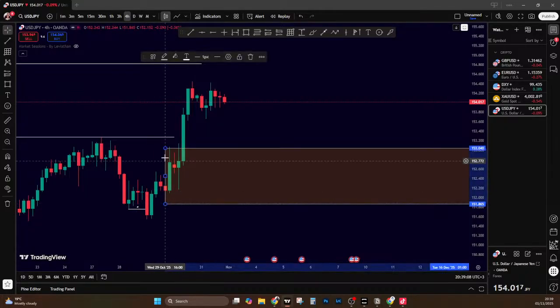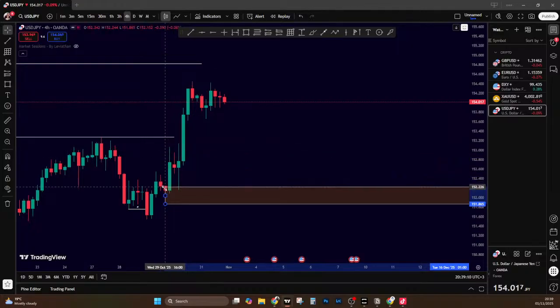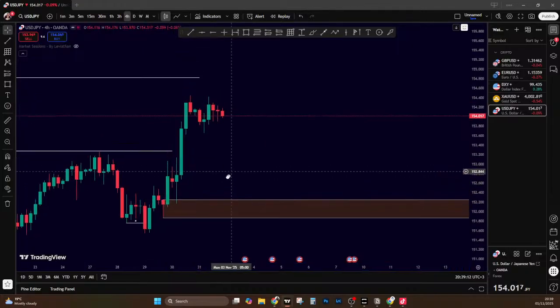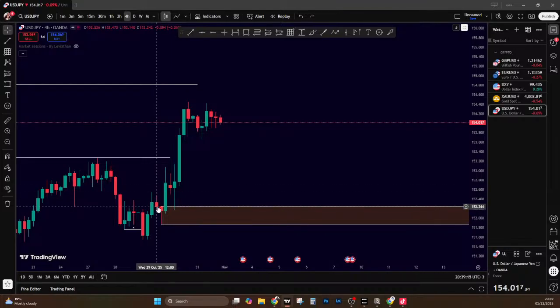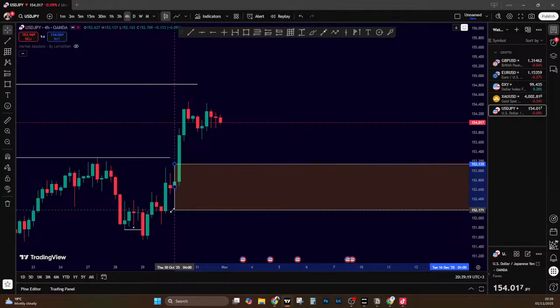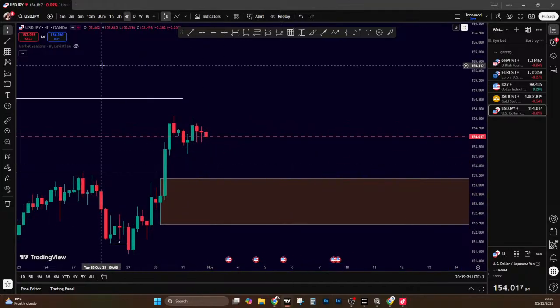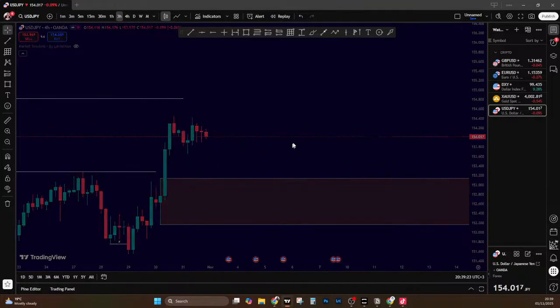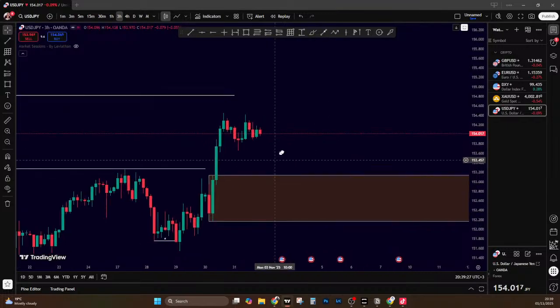So you just move this to where this is currently, and then this one was retested by this one, so you just move this one here, and then we can try to refine the entry.